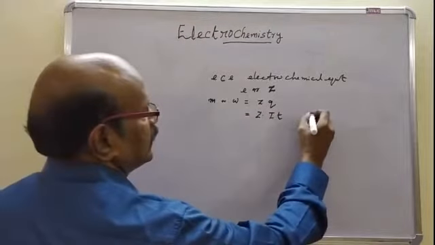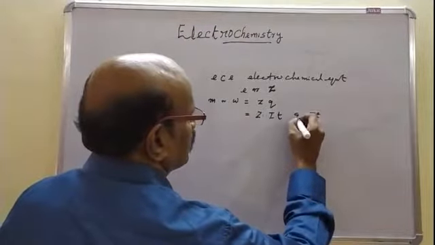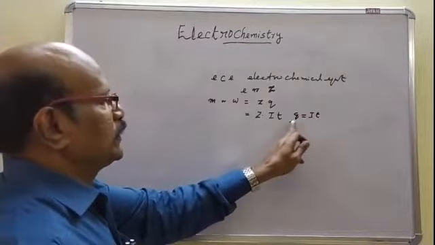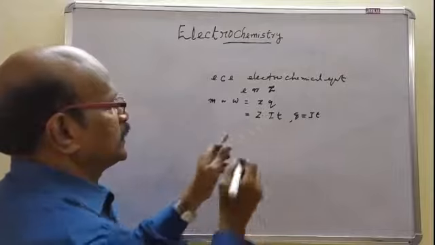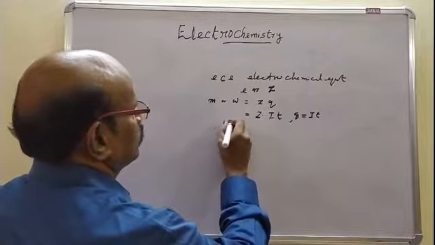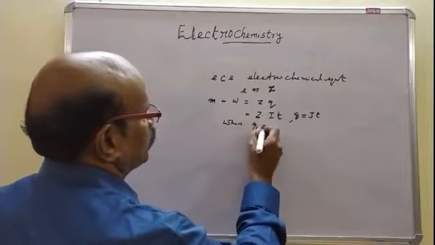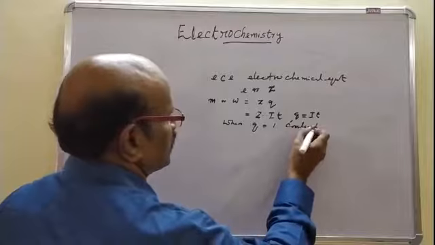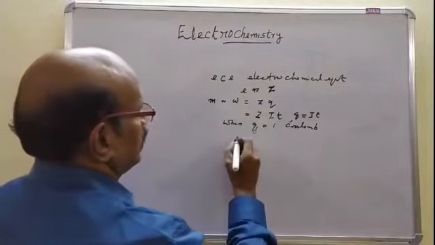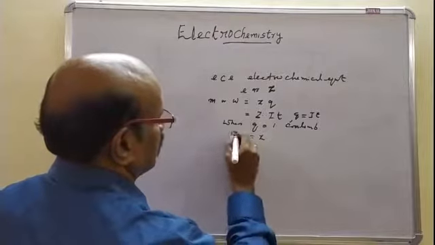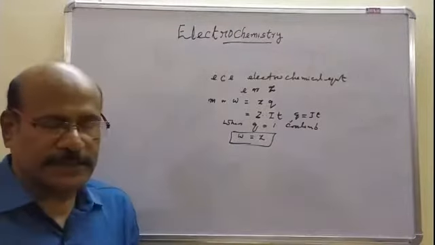Therefore Q is equal to I T. Ampere into second is the charge in coulomb, and Z is the electrochemical equivalent. When Q is equal to 1 coulomb, then W is equal to Z. That is the definition of electrochemical equivalent, which is characteristic of the material.